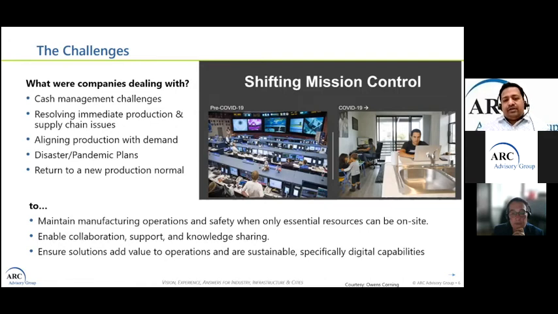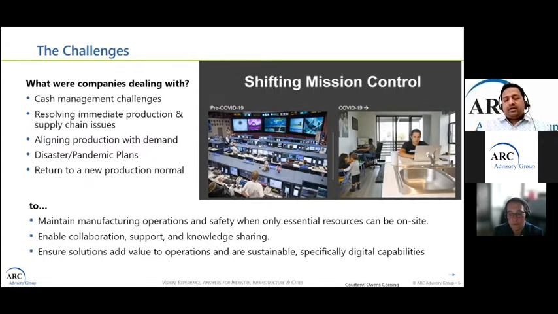And it is very interesting to know that some companies did convert their assembly lines to manufacture new equipment, like motors for producing ventilators, masks, and needed drugs at that point in time.